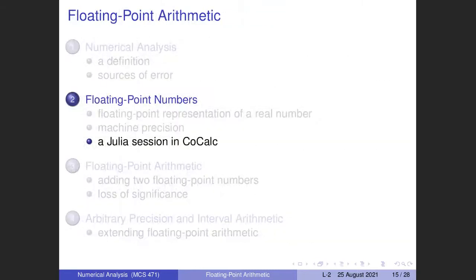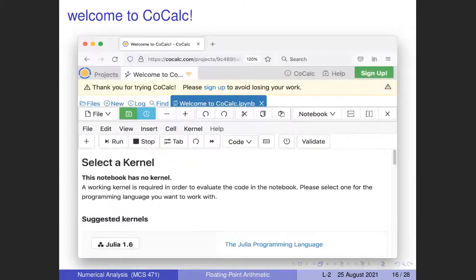Okay, time for another example. Let's go back to Julia. Exercise 0 of lecture 1 was to install Julia on your own computer. If that didn't work out, or we are living now in the time of cloud computing, don't worry.